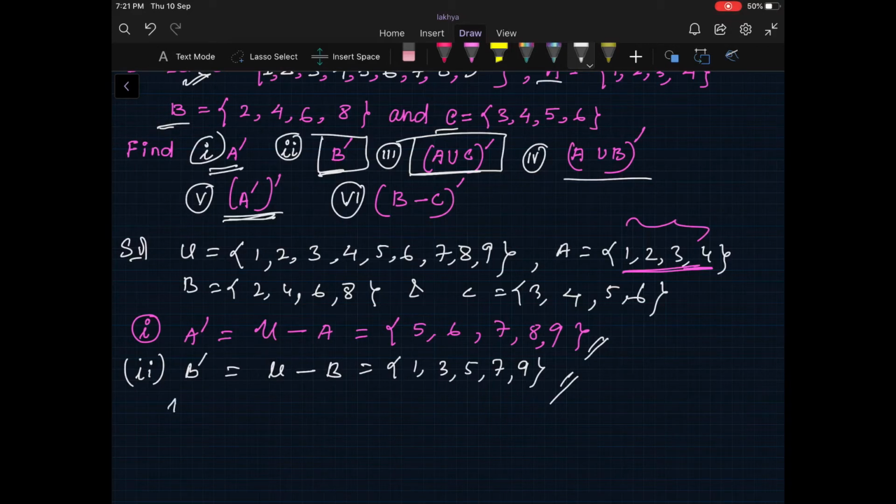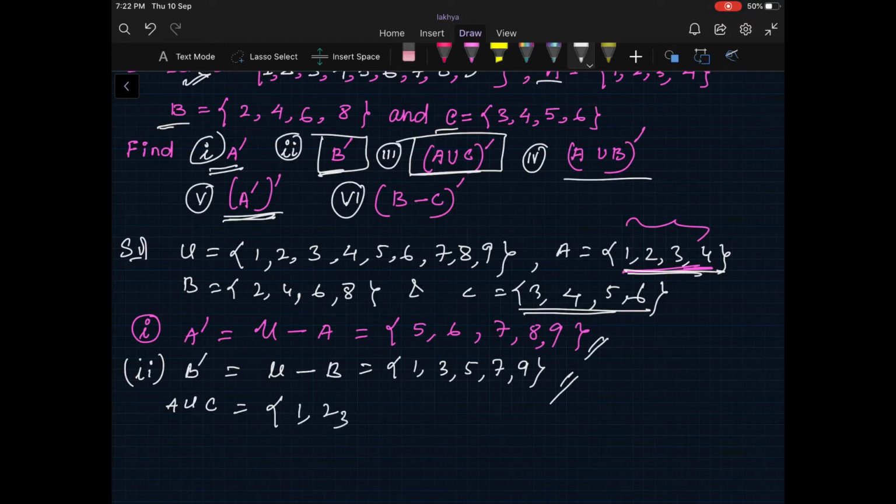So before going to find it, first find A union C. What will be A union C? Just write the elements in set A and set C in a set. So 1 2 3 4 and C contains 3 4 5 6.